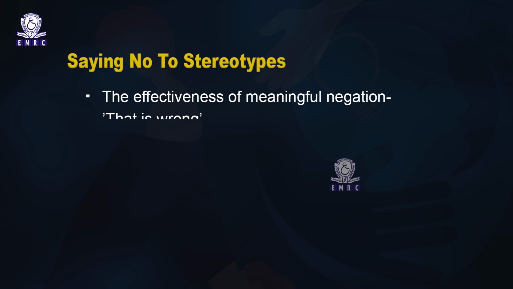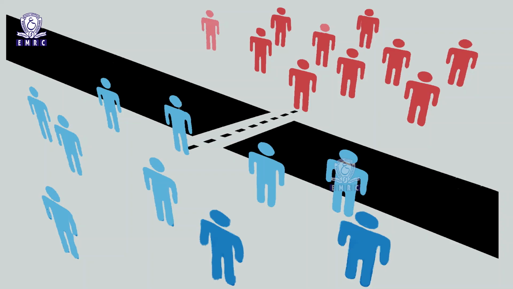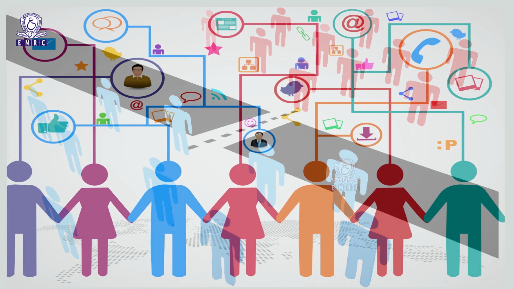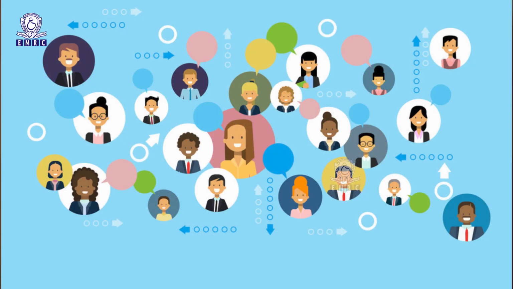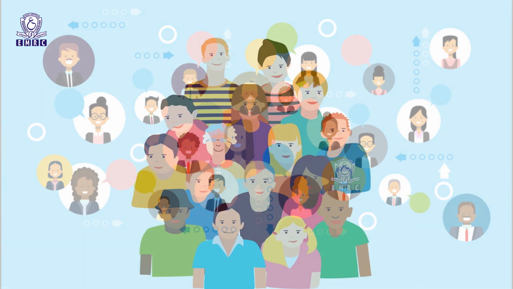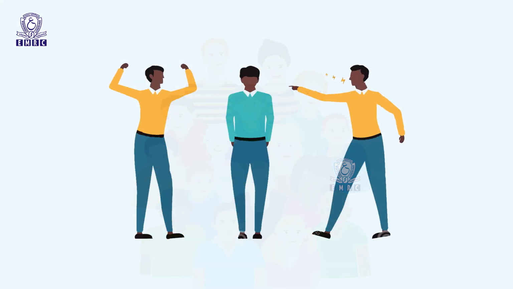Brandon, Kopp and others in the year 2016 conducted a study to compare the effectiveness of meaningful negation, that's wrong, and simple negation, no, to alter automatic prejudice. Participants were trained to negate prejudice-consistent or prejudice-inconsistent information using either simple or meaningful negation, and completed an evaluative priming measure of racial prejudice before and after training.